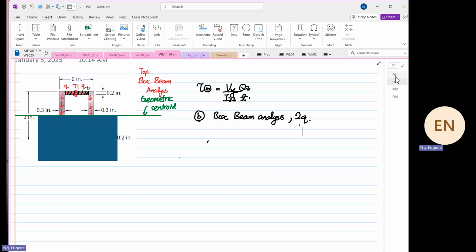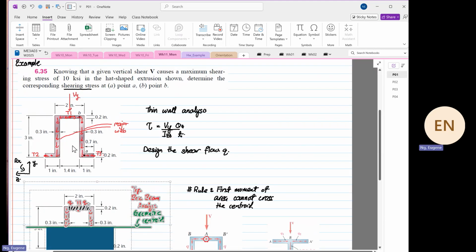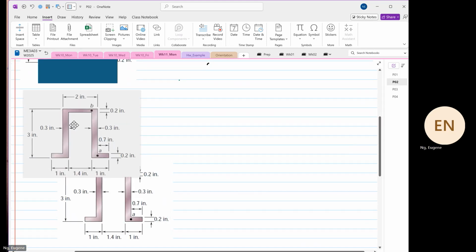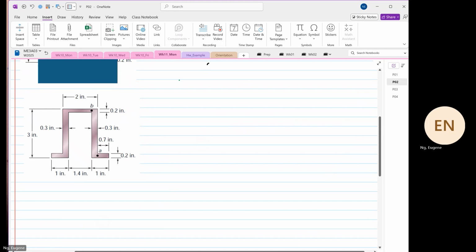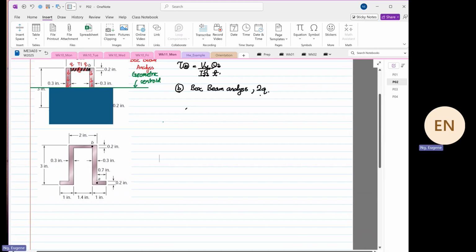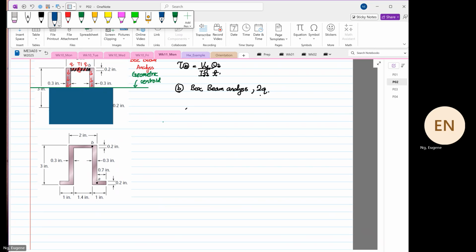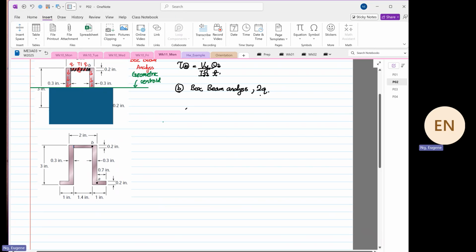So I want to look at some geometry that's important for us. The area of concern, as I mentioned earlier, is this area over here.